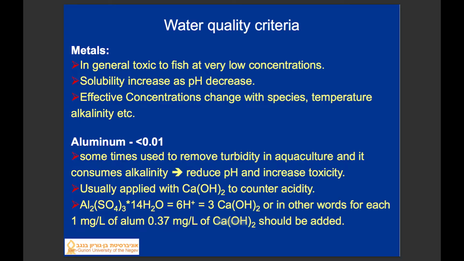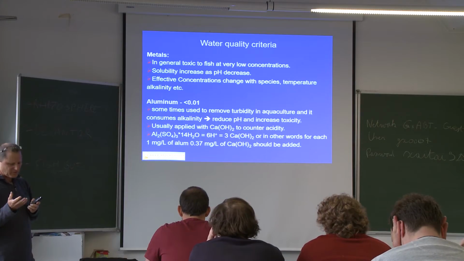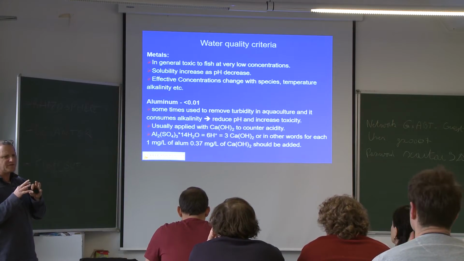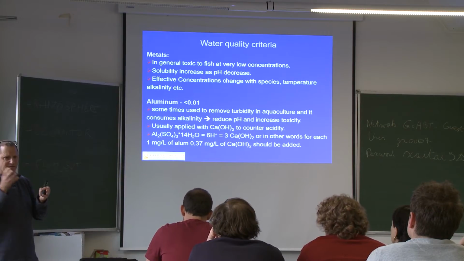In terms of metals, that's another whole field that usually is not looked at so much, but should be considered, specifically if we're using marginal waters or other waters than clean fresh water.